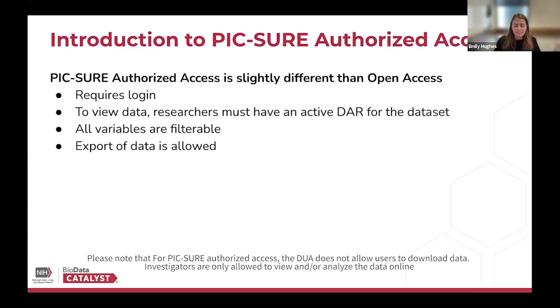Whereas in Open Access, the stigmatizing or potentially sensitive variables were not filterable, all variables are filterable in Authorized Access. You are a researcher that has been authorized to access the data, so you can access all of the variables. And export is allowed in Authorized Access, where you can only retrieve counts in Open Access.